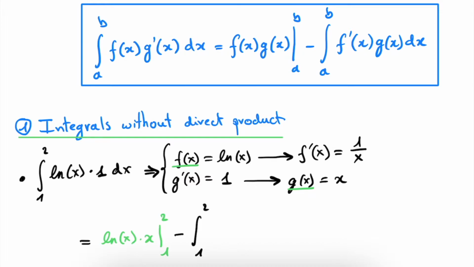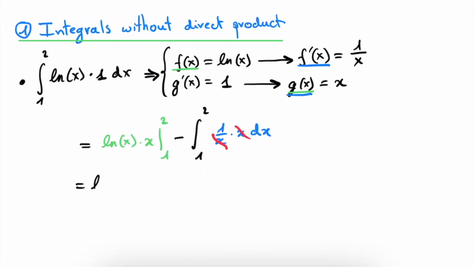And for this one, we need f prime of x and g of x. And in this case, we have f prime of x is 1 over x, and g of x is again x. So we see that we have 1 over x times x dx. And we see that here our integral is simplified a lot, because this x in the denominator and this x in the numerator simply cancel out.